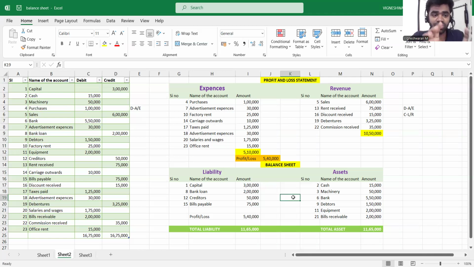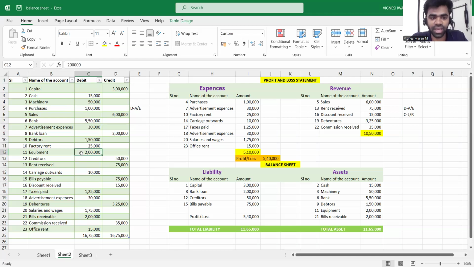So for example, if some entry is on the debit side and you don't know what it literally means, just check whether it is an expense or not. For example, here they simply told equipment, so equipment worth 2 lakhs.